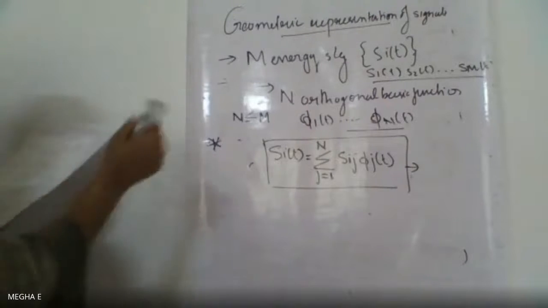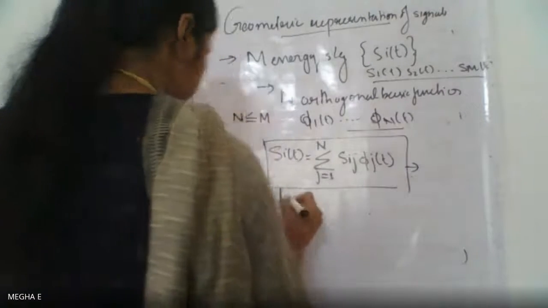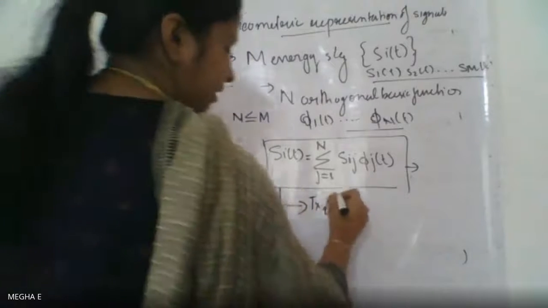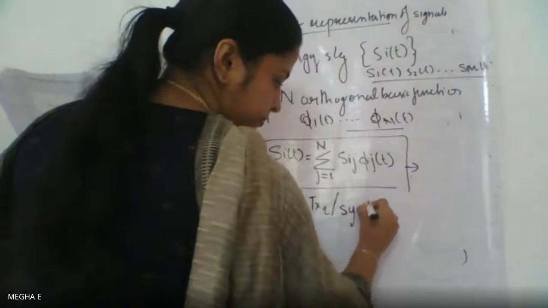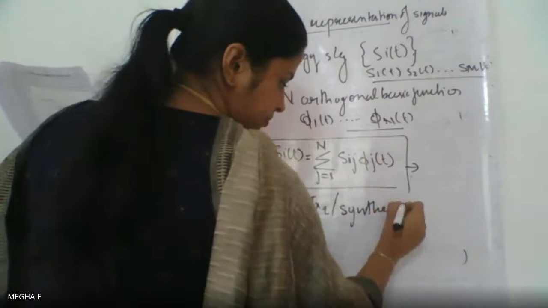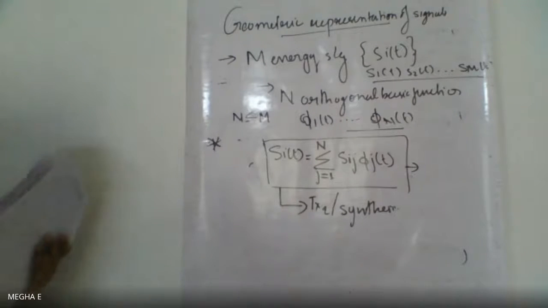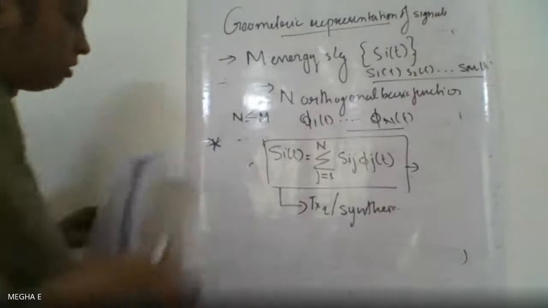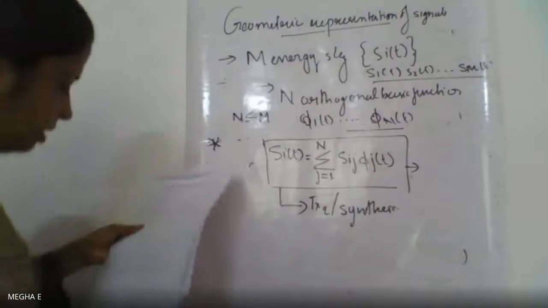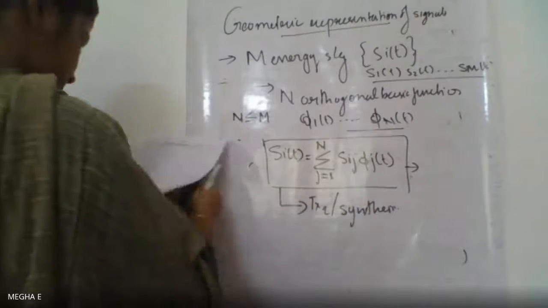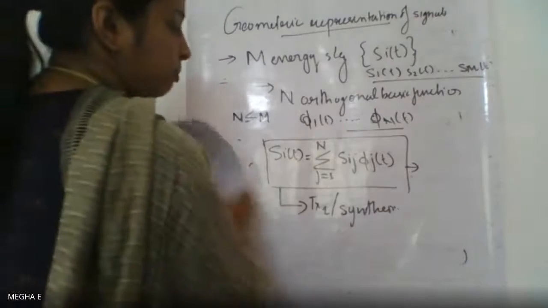Then this is nothing but our transmitter or synthesizer, and this can be represented. Before going to the representation, we have one more thing to define, that is the real valued basis function.